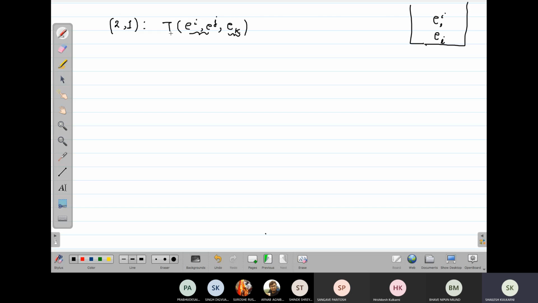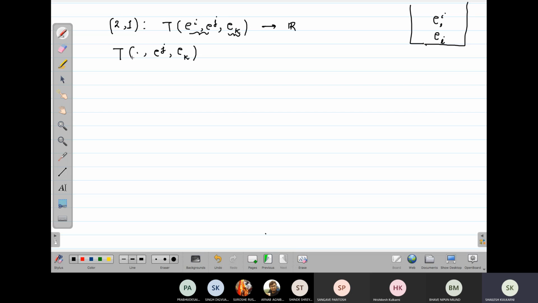When T acts on this, I will get a number on the real line. Now suppose I keep one of these slots vacant. I will denote that vacant slot by a dot, and I will fill the others with e^j and e_k.